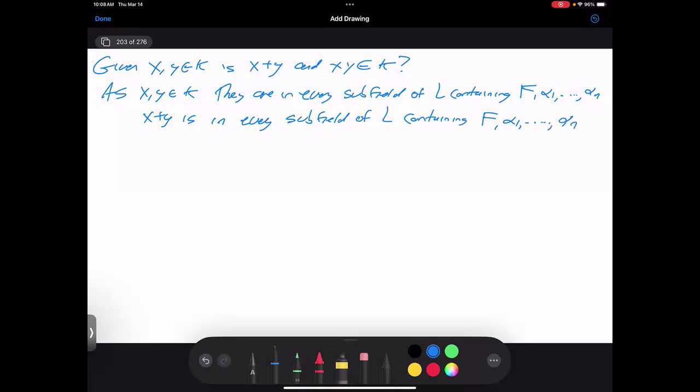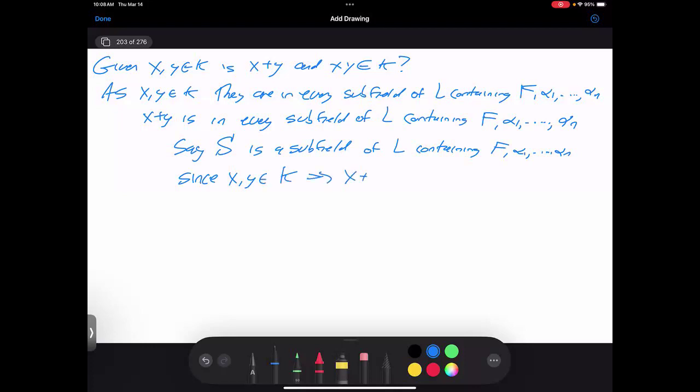Why is that true? Say S is a subfield of L containing F, alpha 1, ..., alpha n. Since x and y are in K, that implies x and y are in S, right?